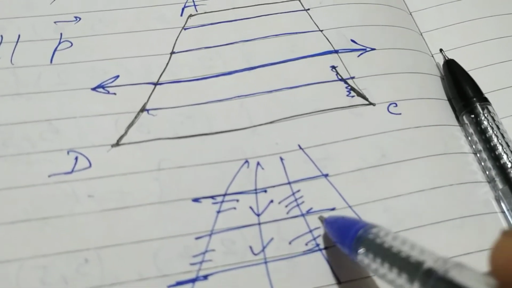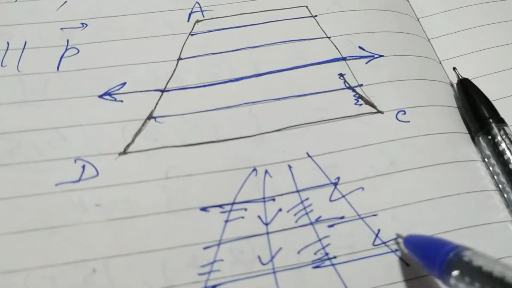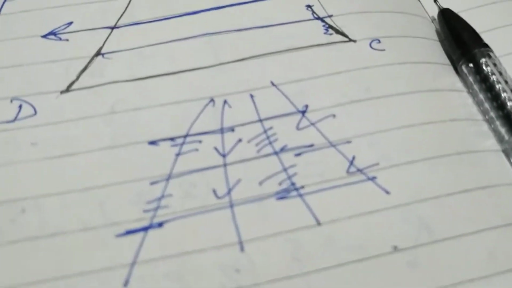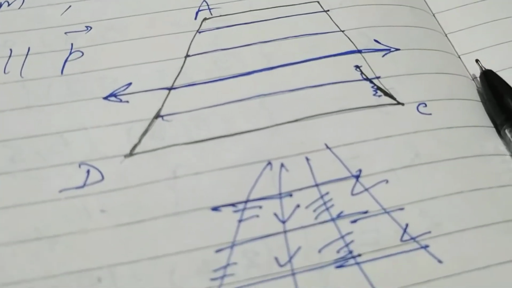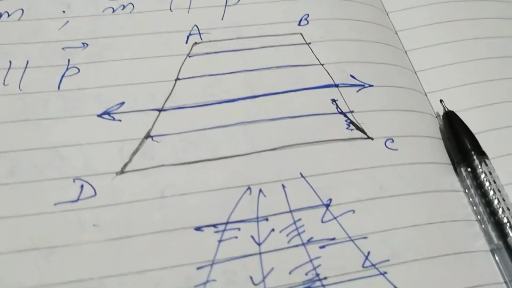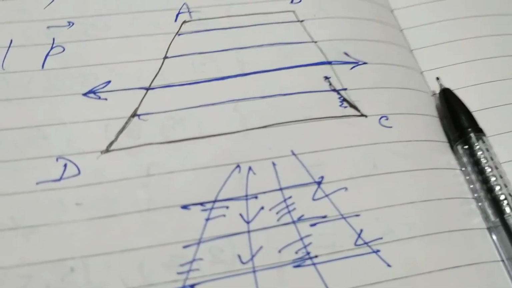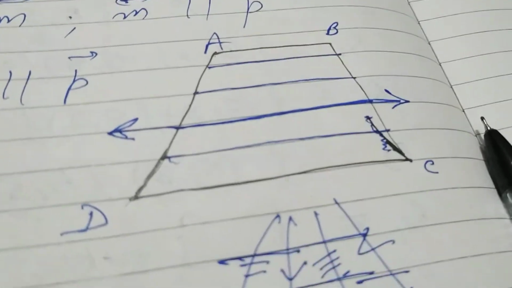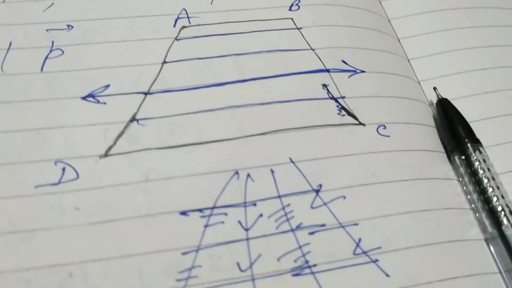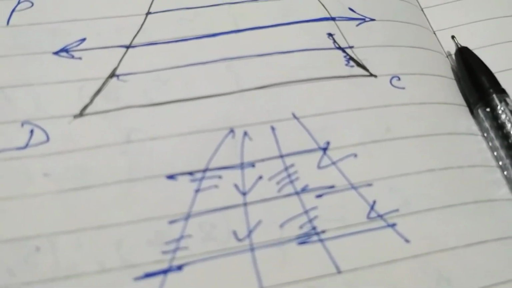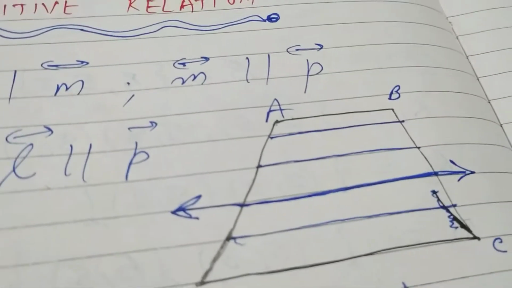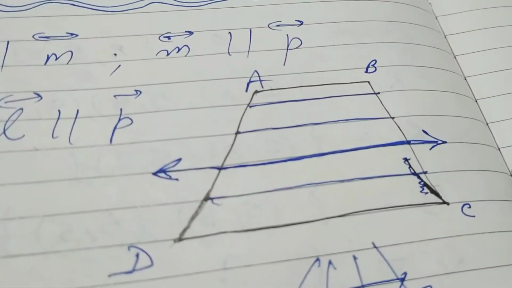This also you have studied. In standard 9th, it was a theorem proved using the basic proportionality theorem. Later on you studied similarity of triangles. In 9th standard, the midpoint theorem was a particular case of the basic proportionality theorem, and later on it became generalized in 10th standard. So neatly it was explained.